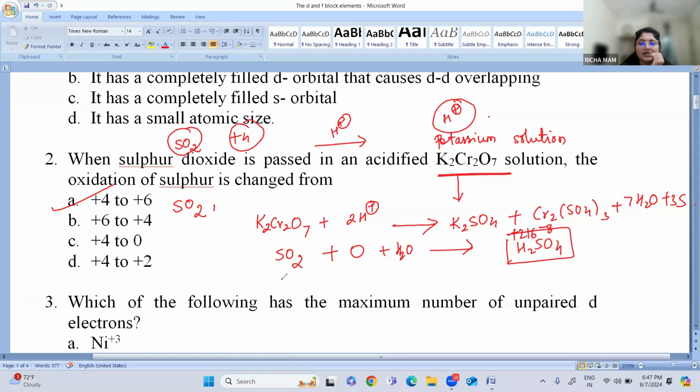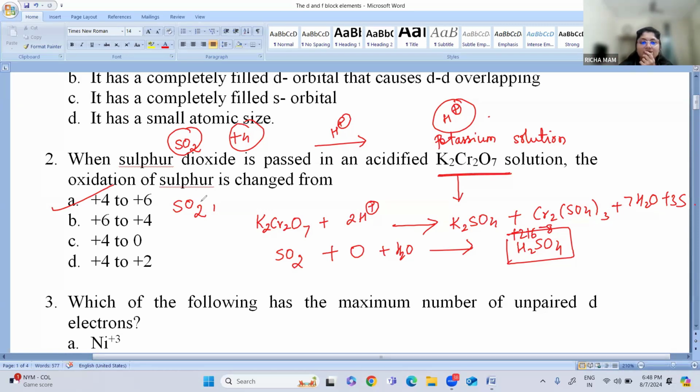In the presence of K2Cr2O7, sulfur is getting oxidized from +4 to +6. It is losing 2 more electrons. So it is the first one, option number A. Whoever has answered option A is correct.